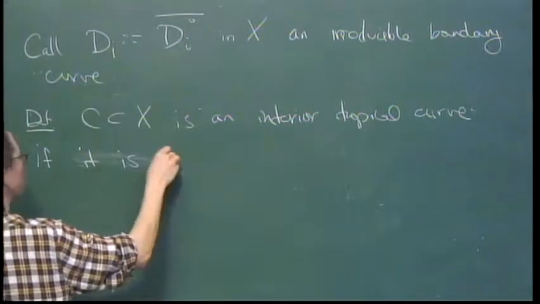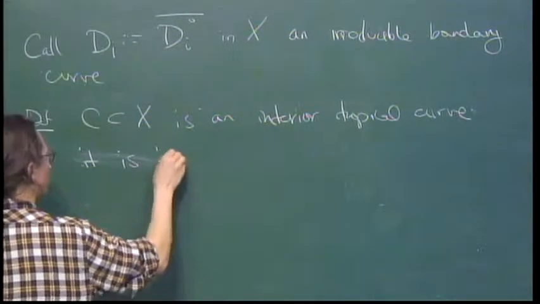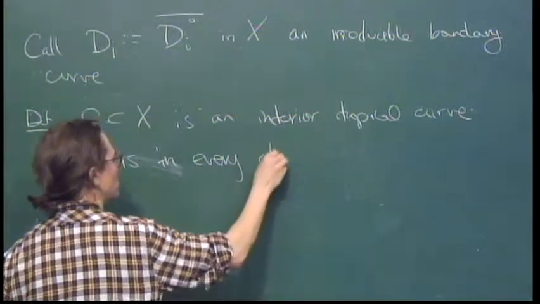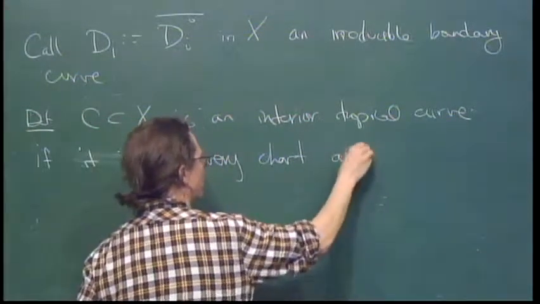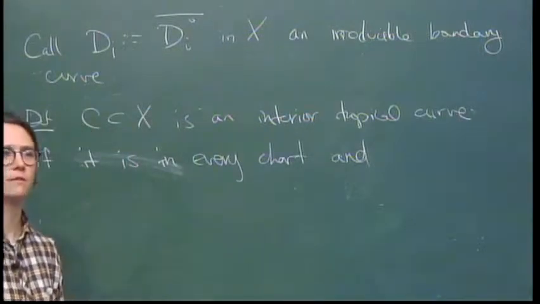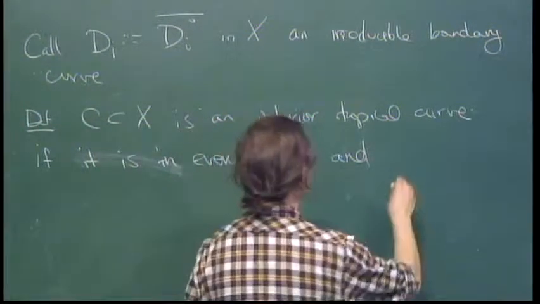If it is in every chart. And so remember, a tropical curve has, of course, weights, and so we need those weights to just agree on overlaps.